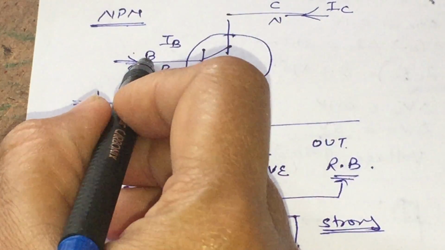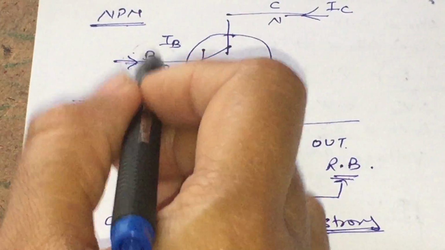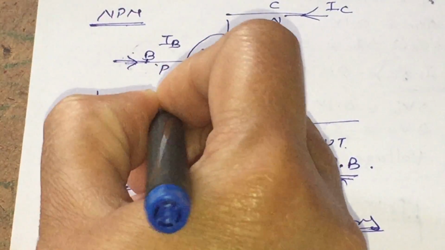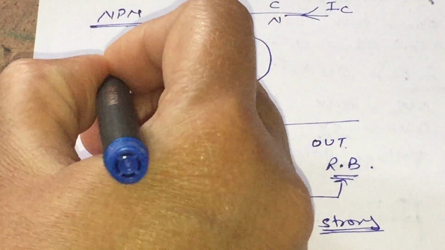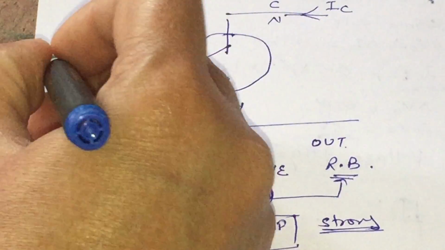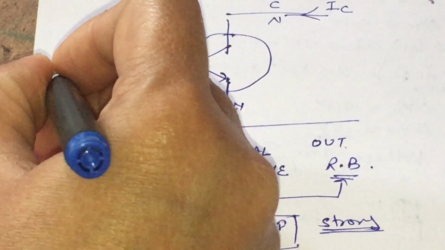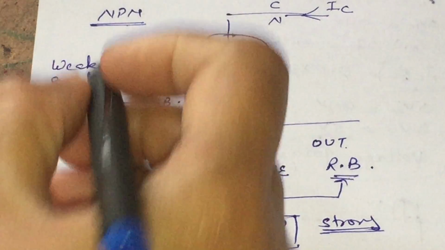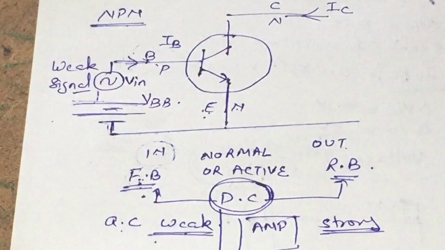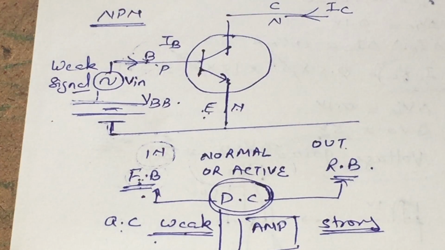As the input side is our base terminal, we symbolize our source by VBB, and a weak input signal is given at the input also. This is our input signal which we have to amplify.